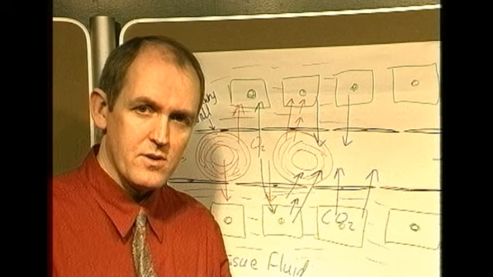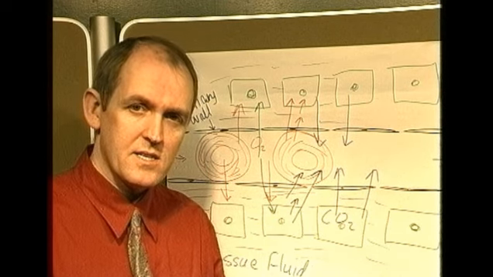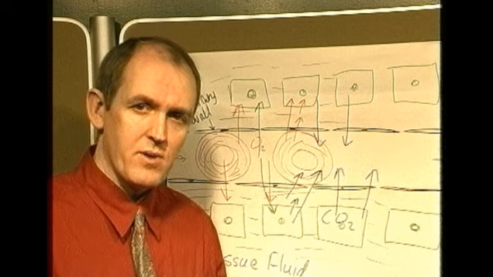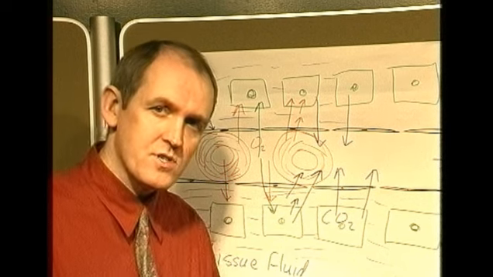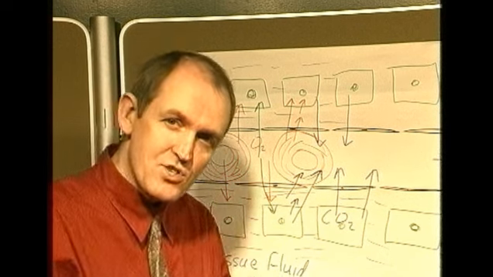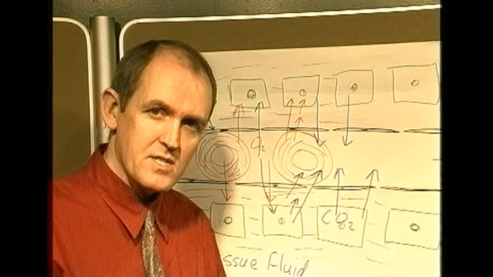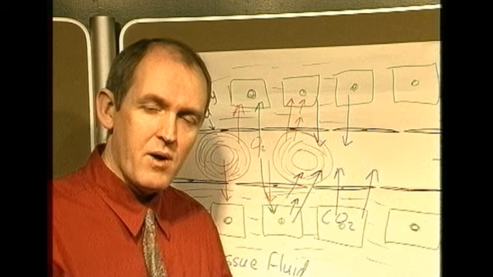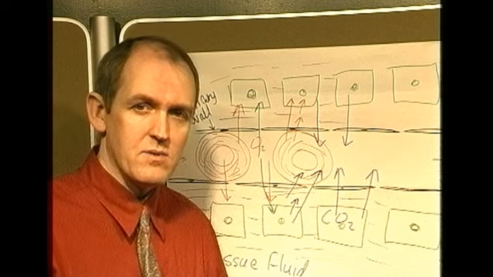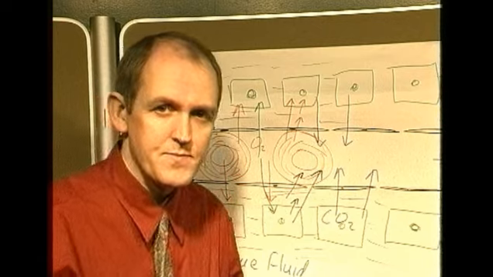So all the tissues of the body are oxygenated and nourished via the blood that perfuses those tissues, which is travelling through the capillaries in those tissues. All the waste products are taken away from the tissues by the circulation of blood in the capillaries through that tissue.